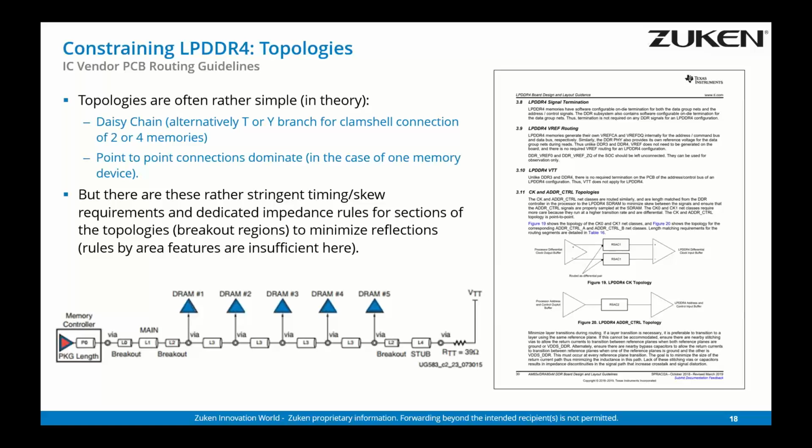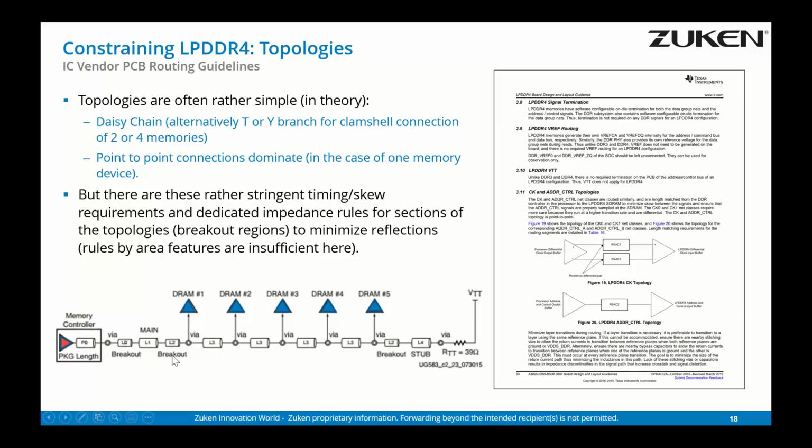So we have a recommended daisy chain. Okay, nice. Rather simple. Even further, if we have just one memory device, we have a point-to-point connection. Sounds easy. Unfortunately, due to these timing skew requirements, the silicon vendors make even a simple topology complicated, as they define special rules for special regions of these topologies.